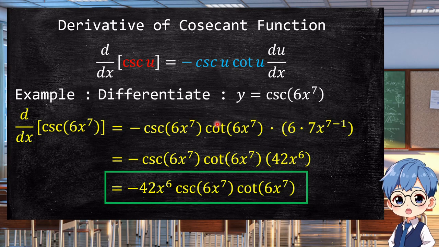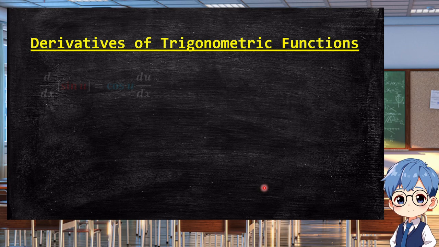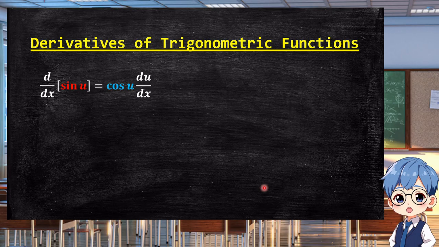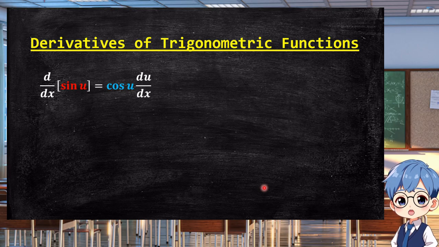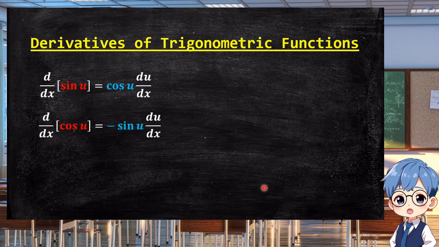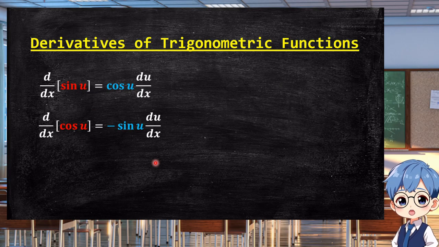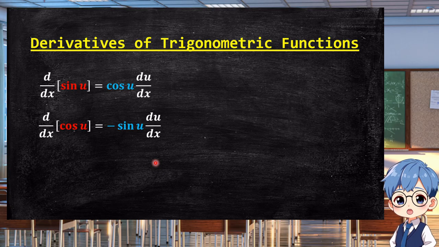Okay, so let's summarize the key derivatives. So we have the derivative of sine u, which is just cos u times the derivative of u with respect to x. So just take note that they are all with respect to x, because our function is just using x as our variable, but it can have any other input variable.